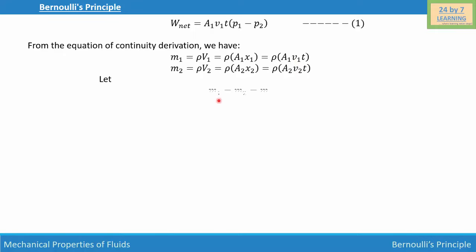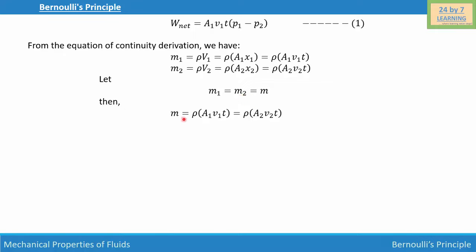And we know that the same amount of mass of the fluid will enter and leave, so we can definitely write M1 is equal to M2 and that is equal to M. M1 and M2 are equal because the same amount of liquid is entering as well as leaving.